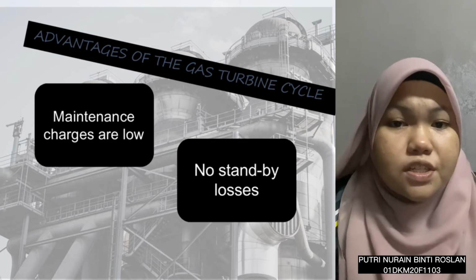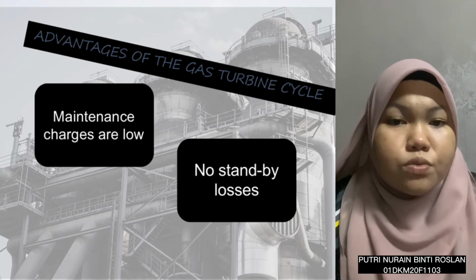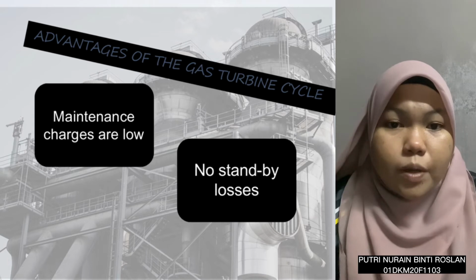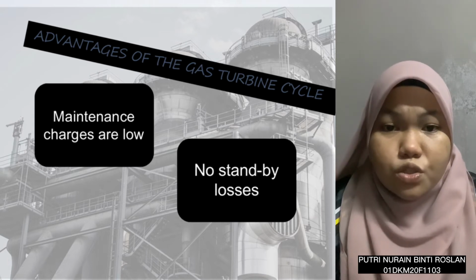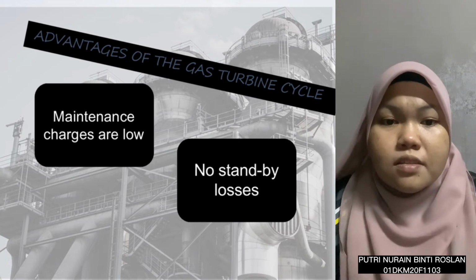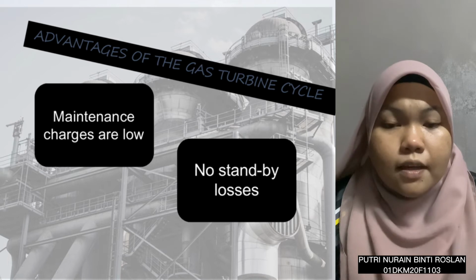So the energy generated by this boiler which is not being used is the standby loss. In the case of a gas turbine power plant, no water is used. There is no boiler and condenser. Therefore, there is no standby loss in this power plant.